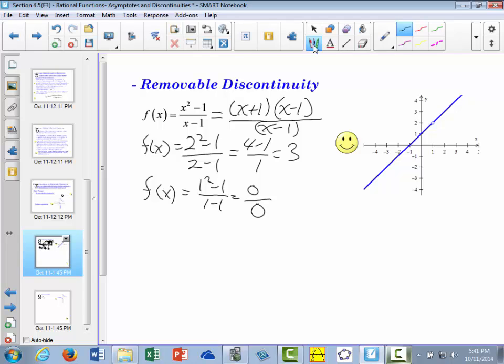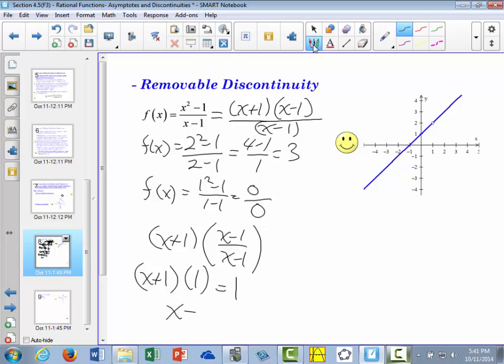And no matter what happens, we can write this as x plus 1 times the quantity x minus 1 over x minus 1, which is essentially 1. So what we're doing here is, no matter what value for x we choose other than 1, this quantity is going to be equal to 1. 4 minus 1 over 4 minus 1, 2 minus 1 over... So essentially we're taking this line x plus 1 and multiplying it by 1 as long as x is not equal to 1.